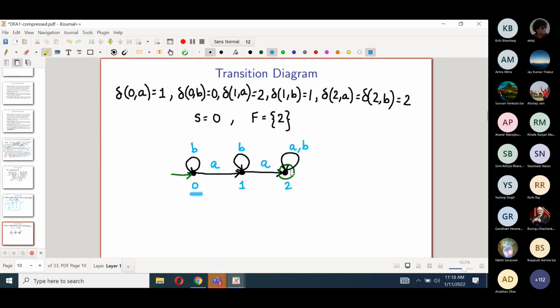Now, the set of final states we can indicate specially by putting a double circle around the node. If you had more than one, let's say 1 and 2 both were final states, you can mark that with this extra circle around the node. These are just ways of identifying which are the final states, which is the start state, and so on.